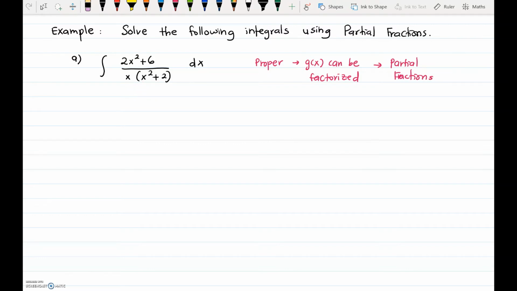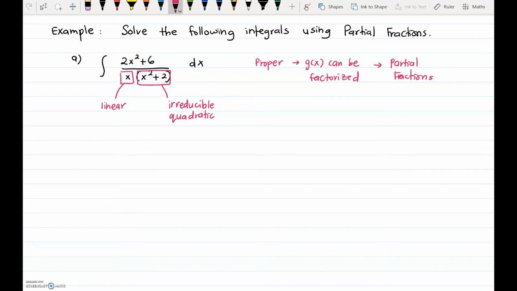Look at here. We have two factors. The first one is x and the second one is x² + 2. The first one is a linear factor x, and the second one is an irreducible quadratic factor. Why is it called an irreducible quadratic factor?